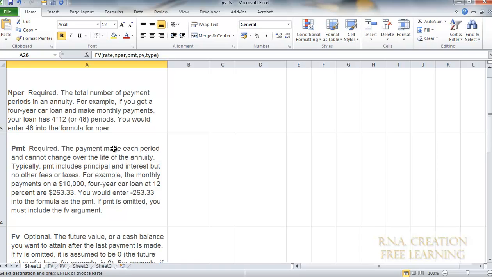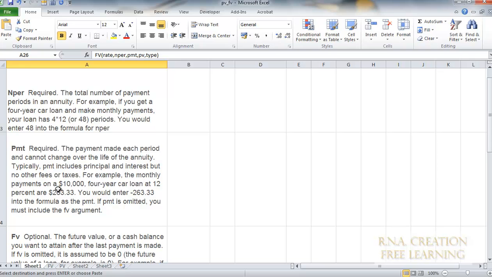It is required to be paid each period, meaning each month, and it cannot change. Typically PMT includes the principal and the interest, but no other fees or taxes. So principal and interest for each month would be put there.